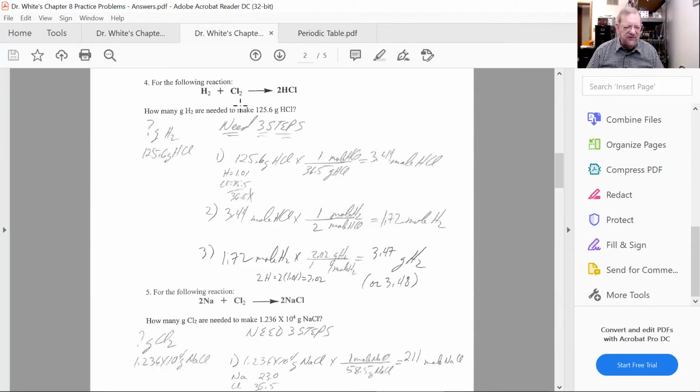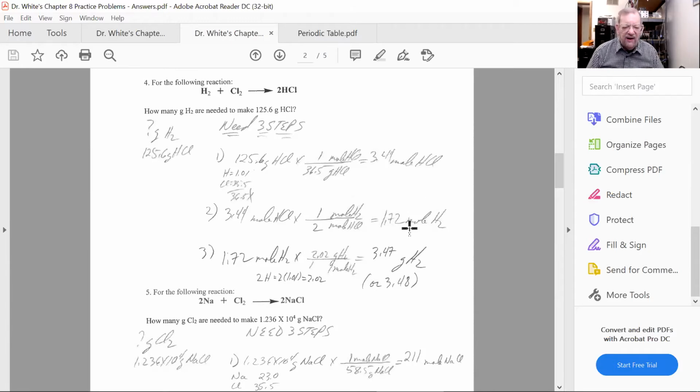From your balanced chemical equation. For every 1 mole of hydrogen, I make 2 moles of HCl. These are exact numbers, and my answer is 3 significant figures.